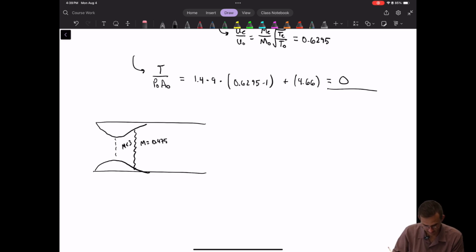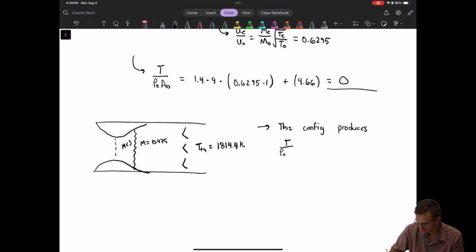Okay, and then TT4, we can now increase it all the way up to 1,814.4 Kelvin. Okay, this configuration produces T over P naught A naught equal to 5.45.